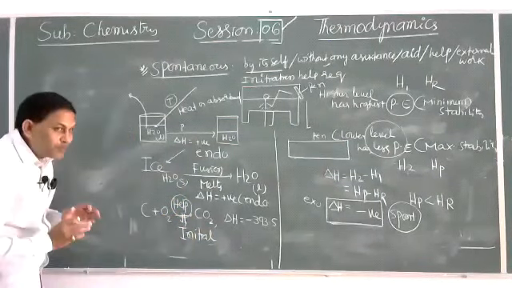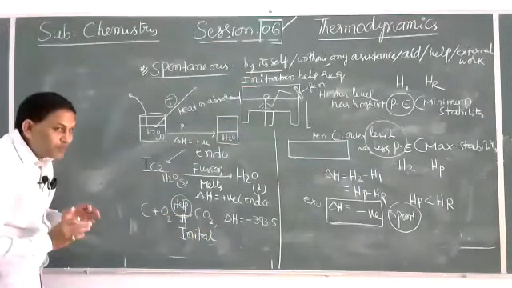Generally, delta H negative means spontaneous and delta H positive means non-spontaneous. But it is not true in all cases, because evaporation of water and melting of ice, even though they are endothermic, are spontaneous. That's why we can't decide spontaneity by using only delta H.